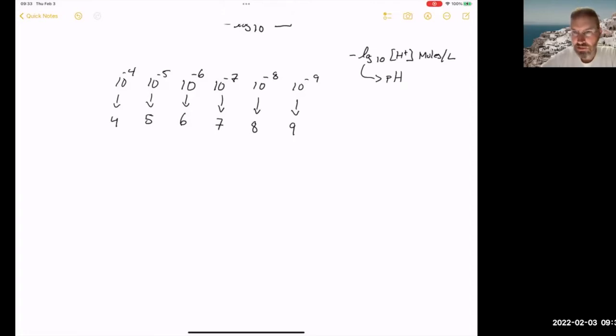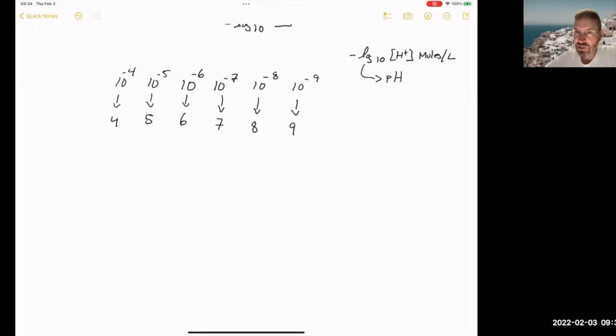That's what pH is. pH is just a fancy way of rewriting the molar concentration of hydrogen ions in a way that's a little easier to understand. All right. And that's literally what pH means. It means the power or the potential of hydrogen ions, the power potential of hydrogen. That's pH. So pH is a way of measuring acid, right?